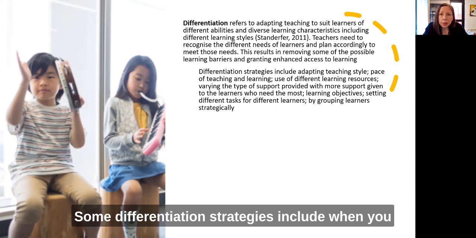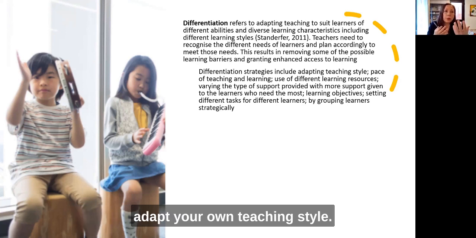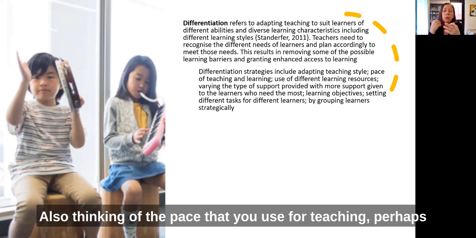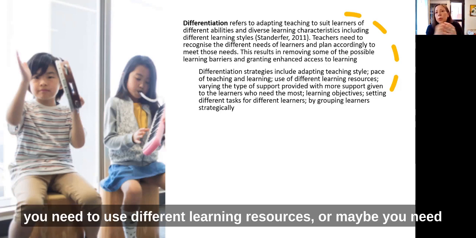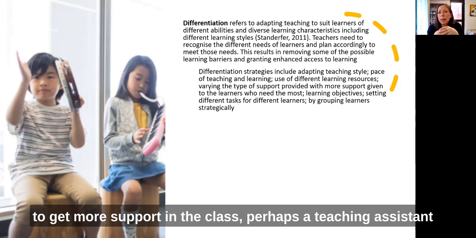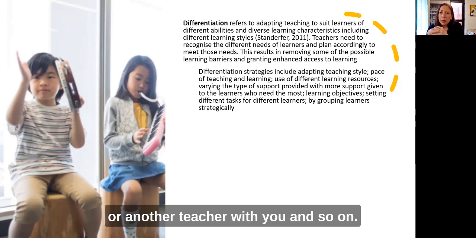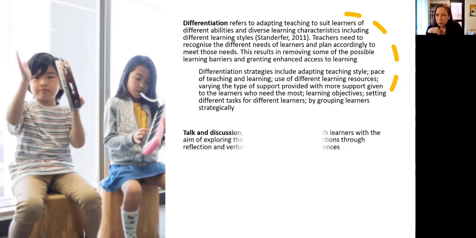Some differentiation strategies include adapting your own teaching style, also thinking of the pace that you use for teaching. Perhaps you need to go a little bit more slowly here, or you need to use different learning resources, or maybe you need to get more support in the class, perhaps a teaching assistant or another teacher with you, and so on.